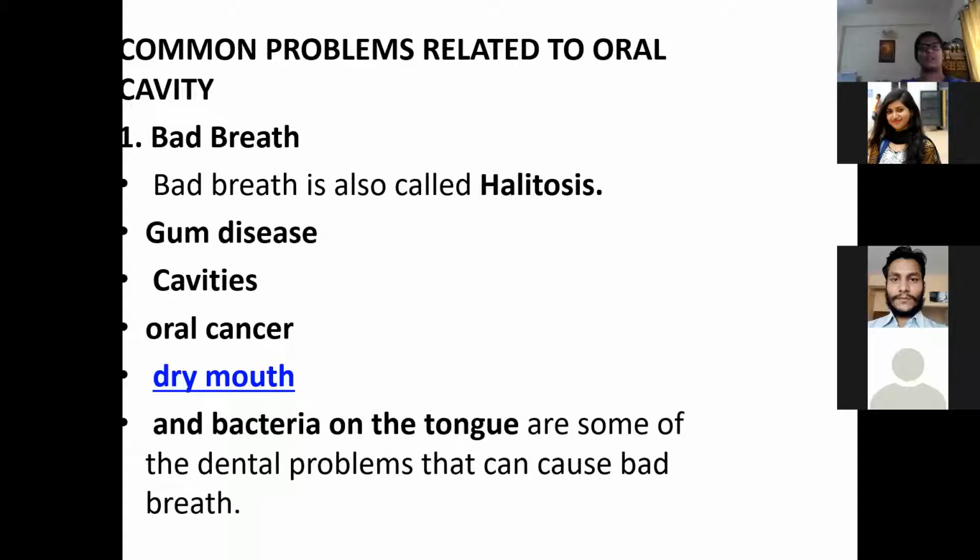It may be due to disease in the gums, and there are some other reasons for bad breath: cavities in the teeth, oral cancer, dry mouth, and bacteria on the tongue.